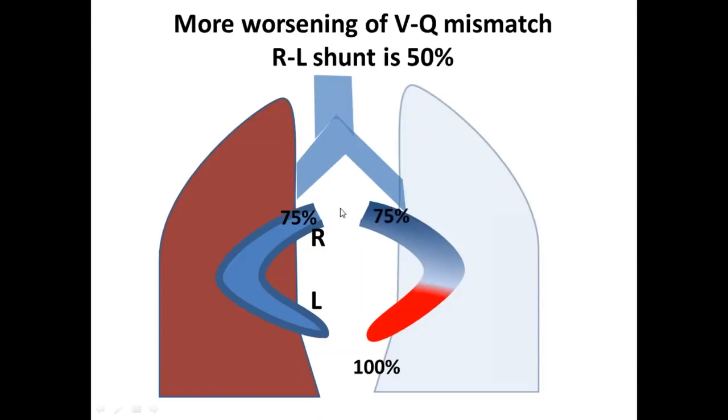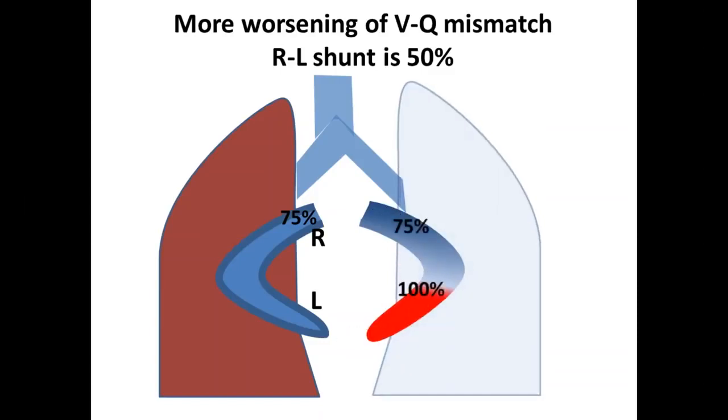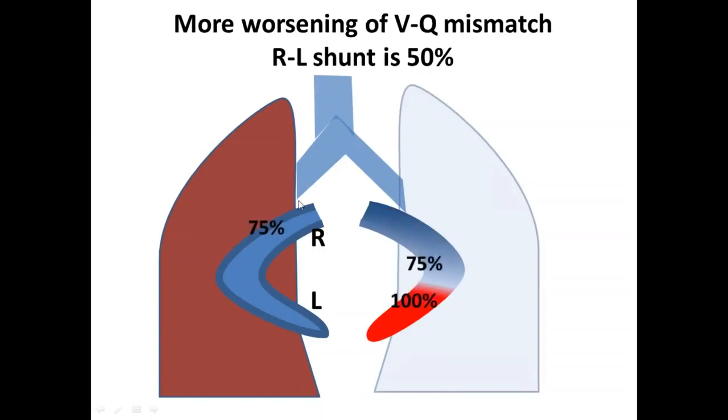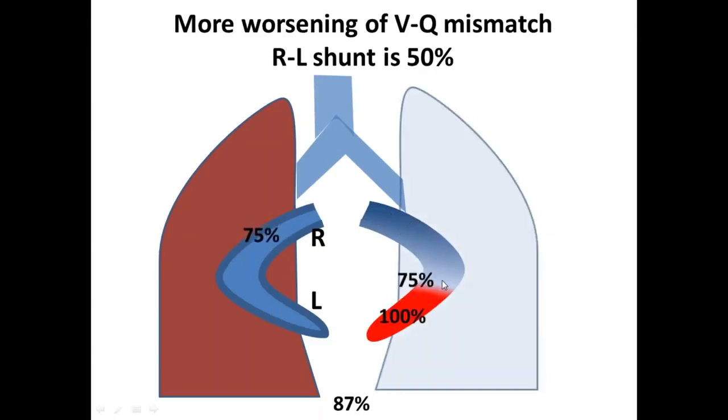So the blood passing through the left lung from the venous side 75% and getting out 100%, so fully saturated. On the other hand, 75 on the right lung, and there is no saturation because there is no ventilation here. So that's a right-left shunt in the right lung, and normal ventilation perfusion in the left lung.